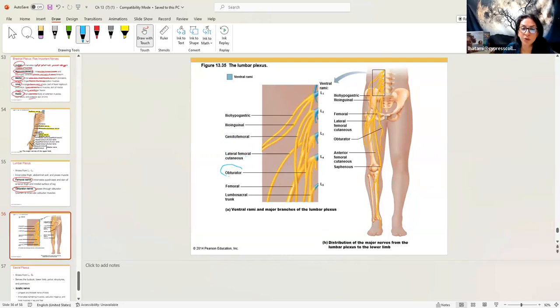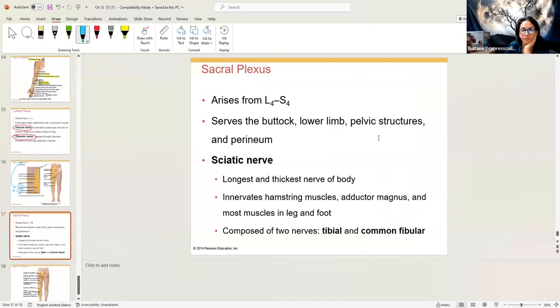But I just want you guys to know these two important nerves, obturator and femoral nerve, which are branches of the lumbar plexus, which are going to innervate the muscles and also skin of the anterior compartment of the thigh and also medial compartment of the thigh.